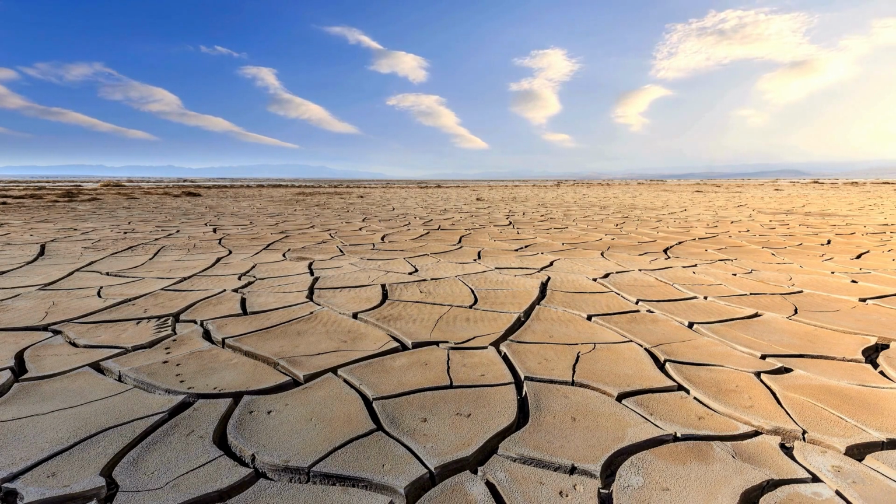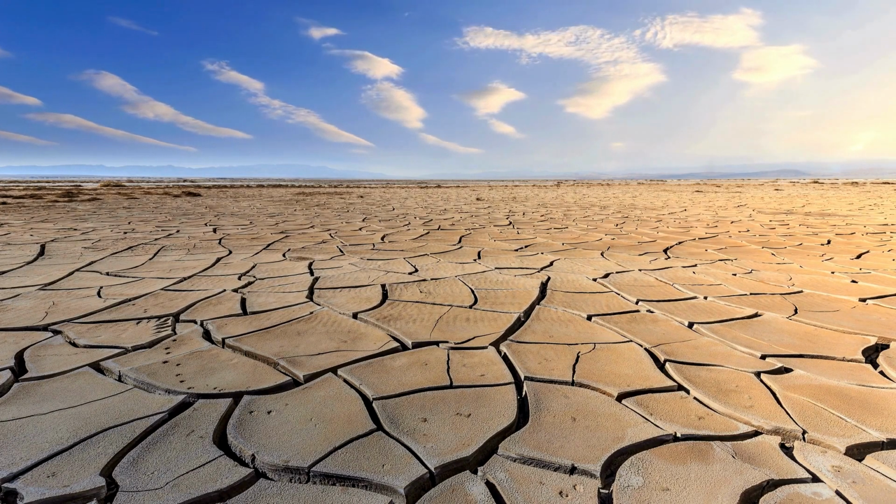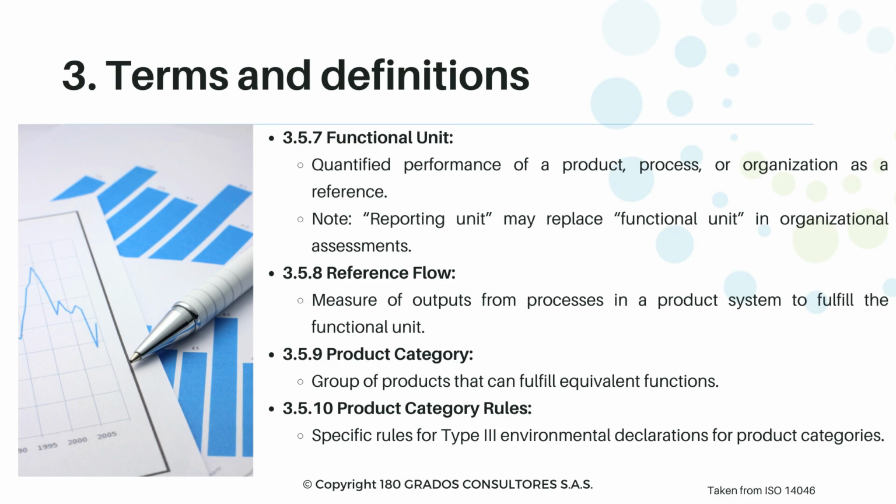Very important concepts. Let's continue with understanding key concepts for the ISO 14046, such as functional unit. Functional unit is vital. This term refers to the quantified performance of a product, process, service, or organization used as the reference point.